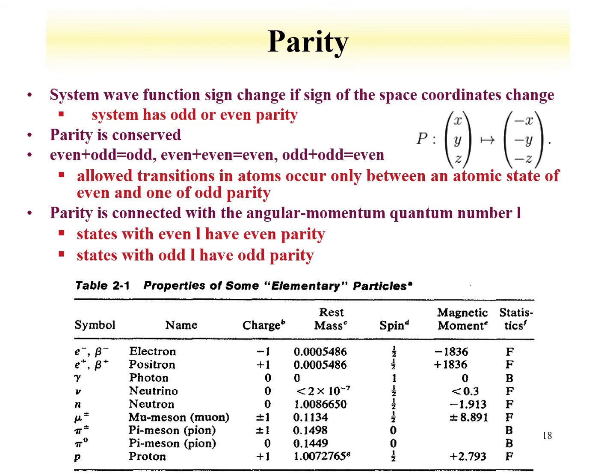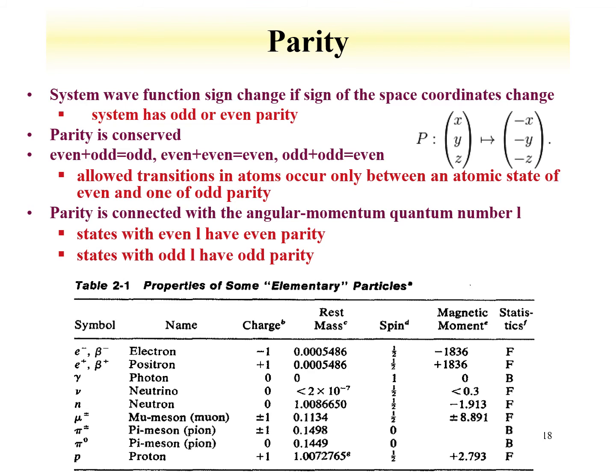Okay, another term that you likely have seen elsewhere is parity. We talk about a nucleus with a given spin and parity, and it's really discussing a system and whether there's a sign change in the space coordinates of that system. If I take a system, describe it as a wave, and perform an inversion in space, does it look like a mirror image or not?